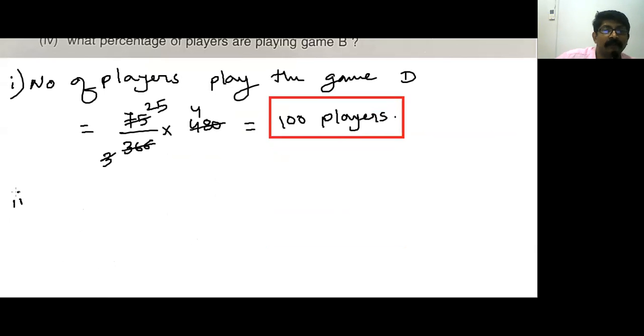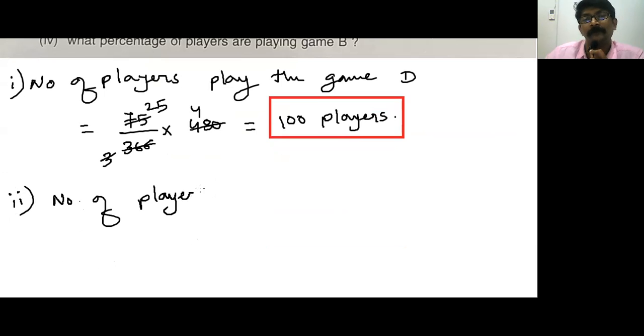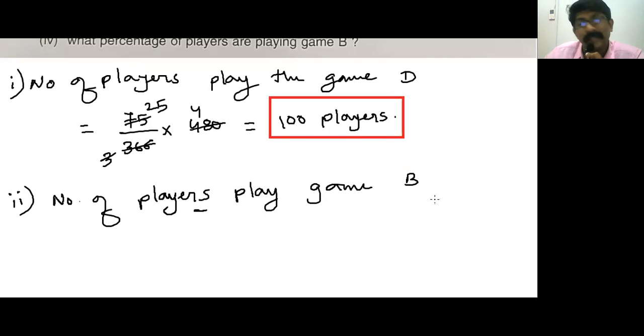Let's see if you do it first or I do it first. Okay, please keep your pen and book in front of you and start doing it quickly. Number of players who play game B. First of all, I'll calculate the number of players who are playing game B, and then we'll subtract it from 480.